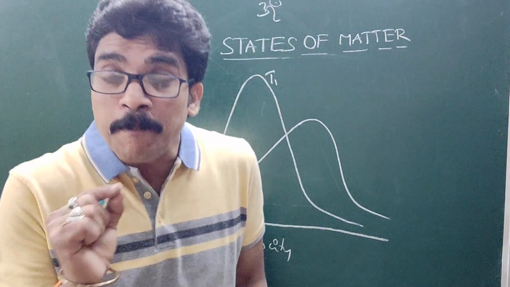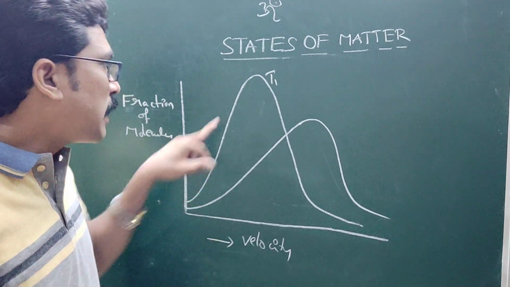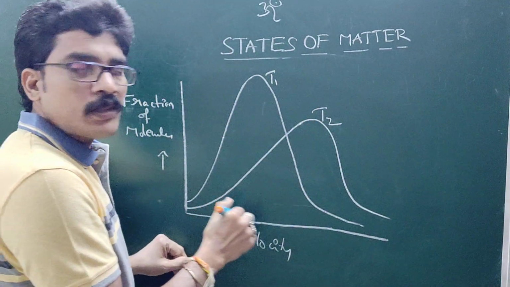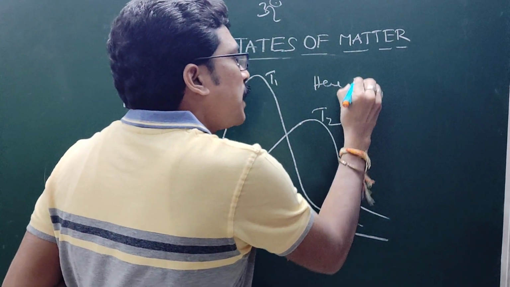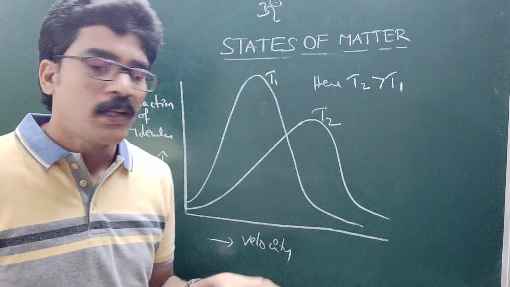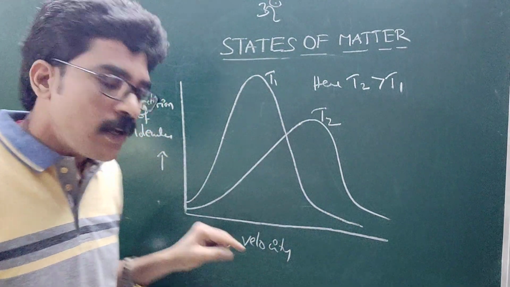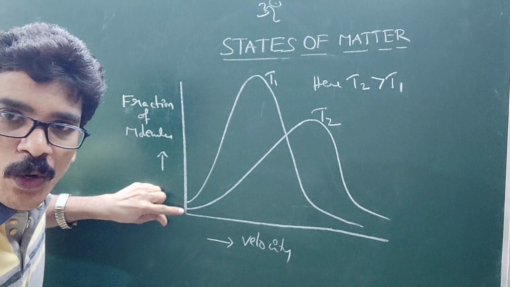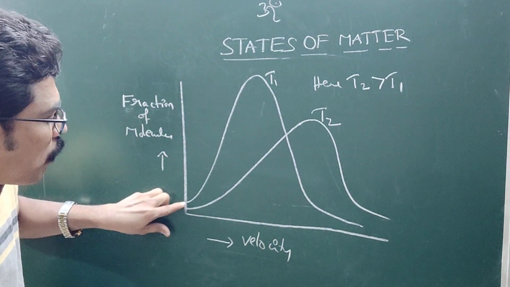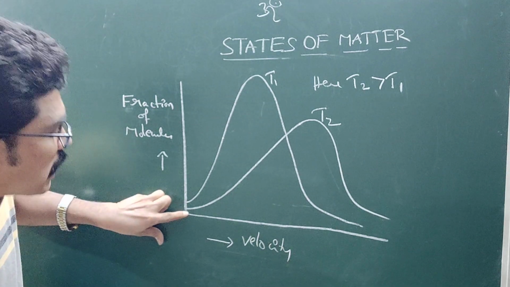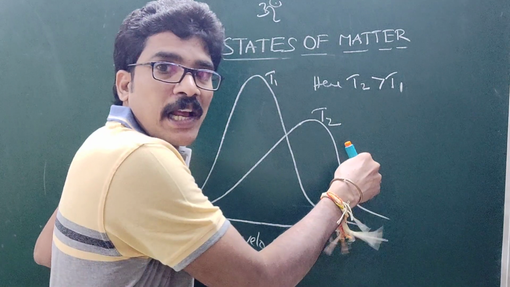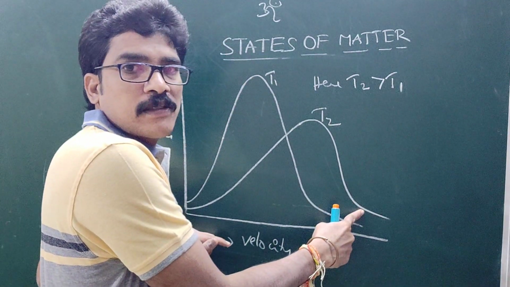Yes, when temperature increases, that is T2. Here, T2 is greater than T1. The temperature increases. The fraction of the molecules with the lower velocities decreases, but the fraction of molecules with the higher velocity increases.